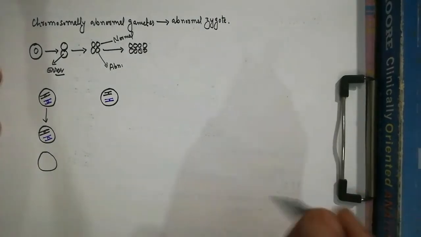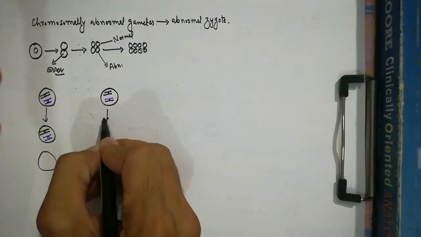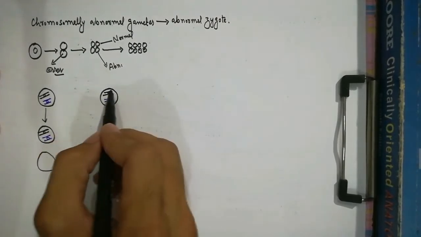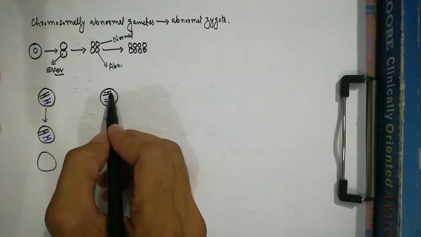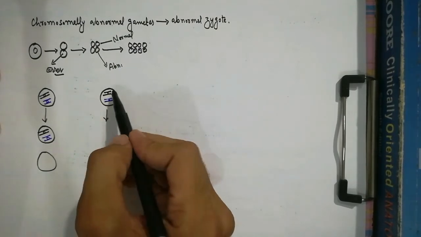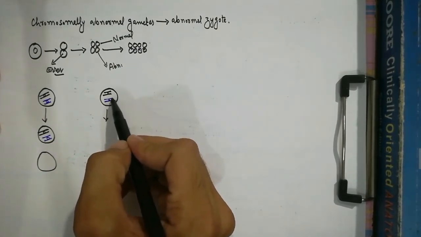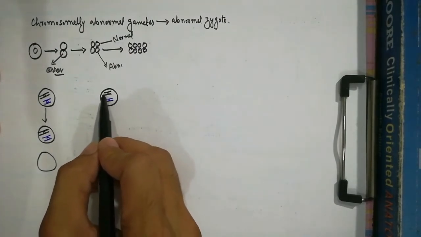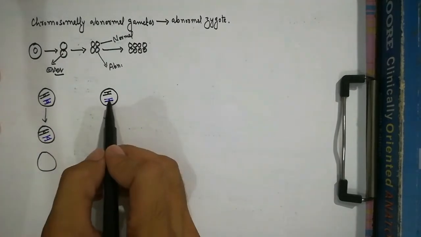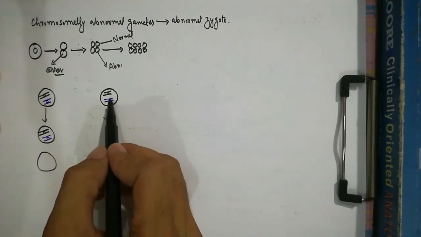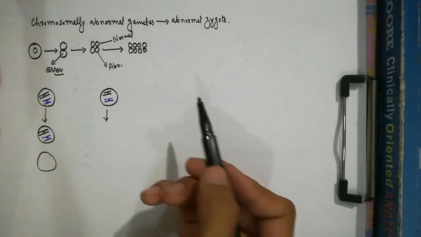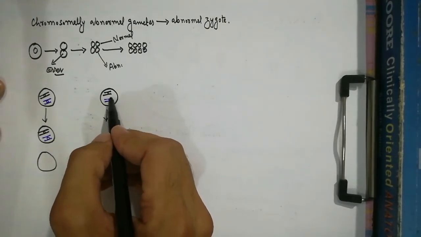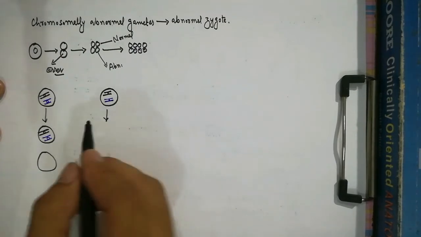Now when this cell divides by mitosis, in mitosis normally sister chromatids of a single chromosome separate. There are two chromatids in one chromosome. This is one chromatid and this is another chromatid. And these two chromatids of a single chromosome are called sister chromatids, and in mitosis sister chromatids separate normally.